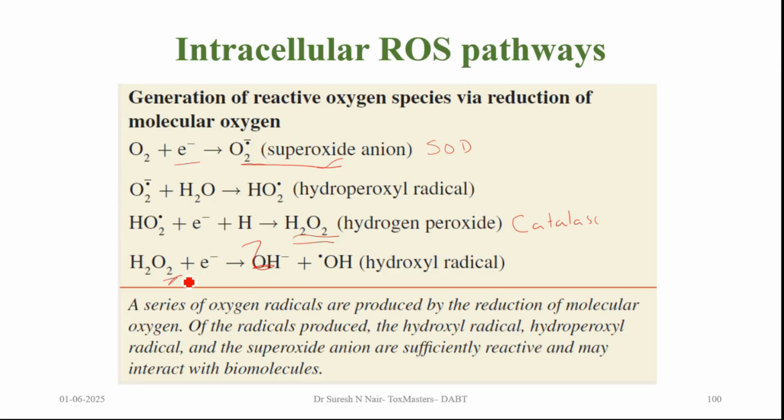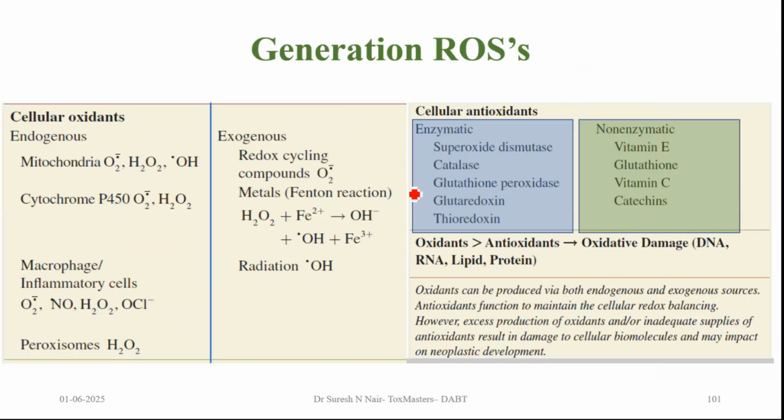When this H2O2 combines with an electron, that will produce two products: one OH minus, that is the hydroxide anion, and there is the hydroxyl radical also. So all these agents are highly active reactive oxygen species.